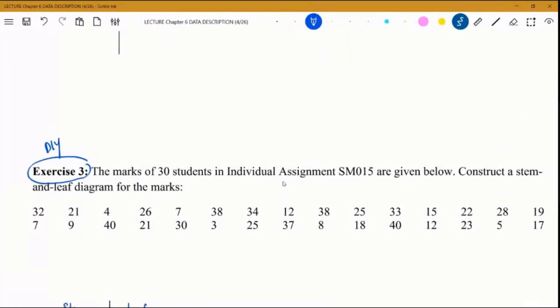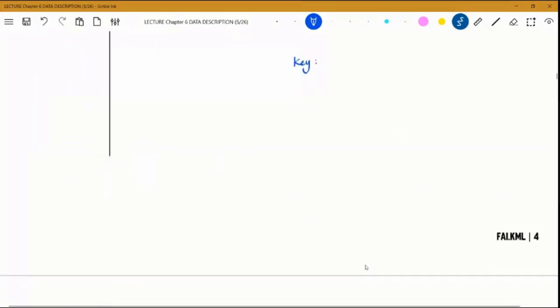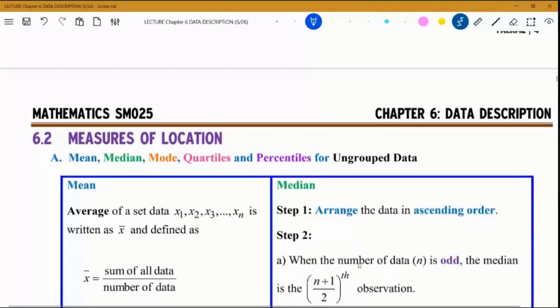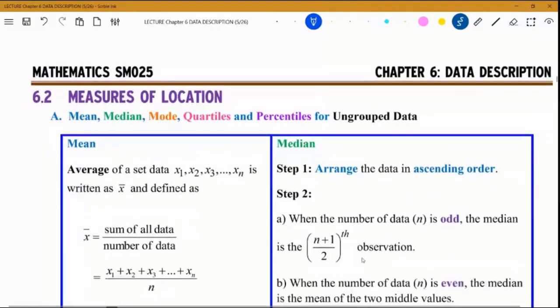Okay, now we can proceed with the measure of location, which involves 5 things: mean, median, mode, quartile, and percentile. Starting with the ungrouped data, remember that ungrouped data is for a sequence and a table without interval.